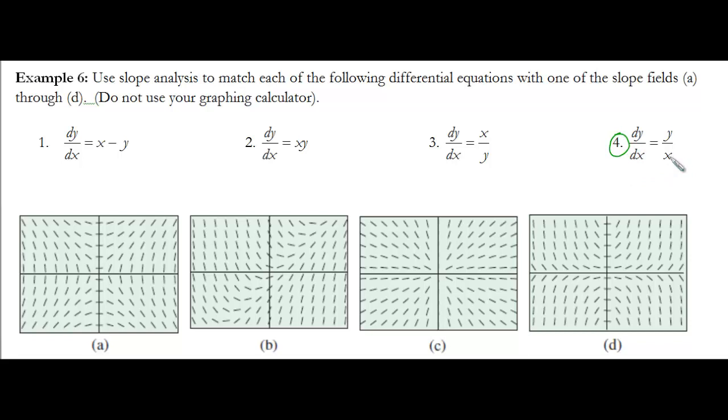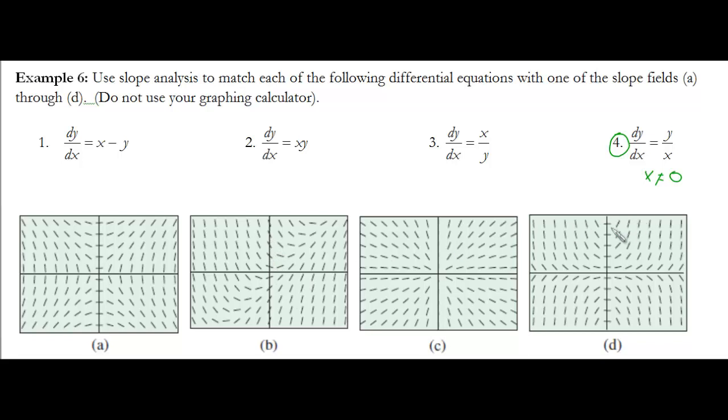Notice here that one of the rules in math is you cannot divide by 0. So we see here that at the very beginning, x cannot be 0, or you'd be violating one of the rules of math. So you're looking at the different graphs, you're saying, okay, it's not this because we see that there's some slopes when x is 0. Here there's some slopes when x is 0.